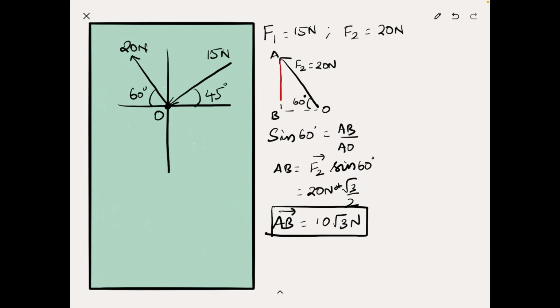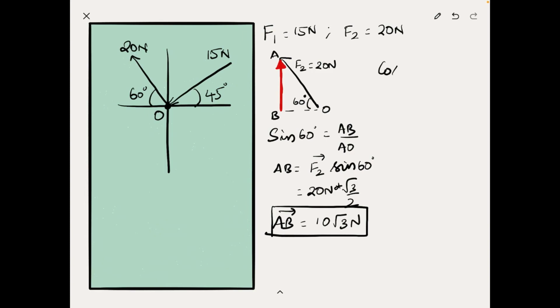AB is the vertical component of this inclined force, and since the inclined force is acting upwards, the AB vector will also be directed in the upward direction. Let's move on and calculate the other component, the horizontal component here, OB. So for that we need to calculate the cos of 60.